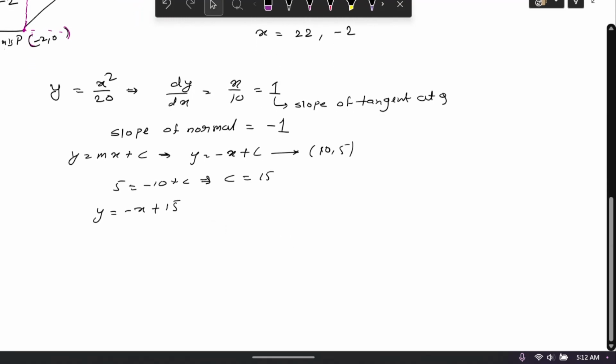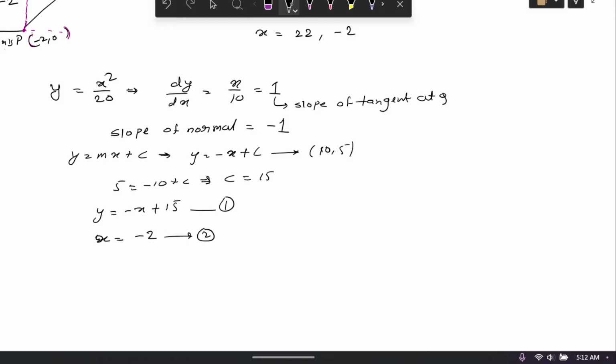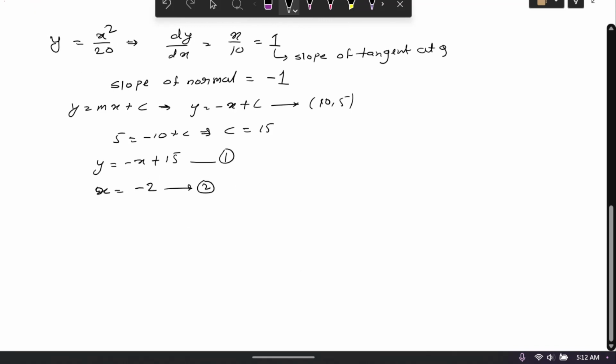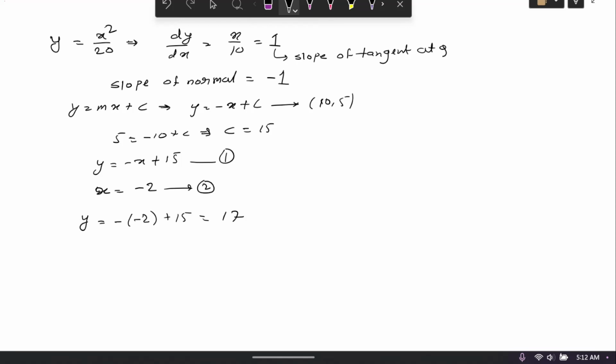We need to find the intersection of this line and x is equal to minus 2. So the intersection point will be y is equal to minus of minus 2 plus 15, which is equal to 17.